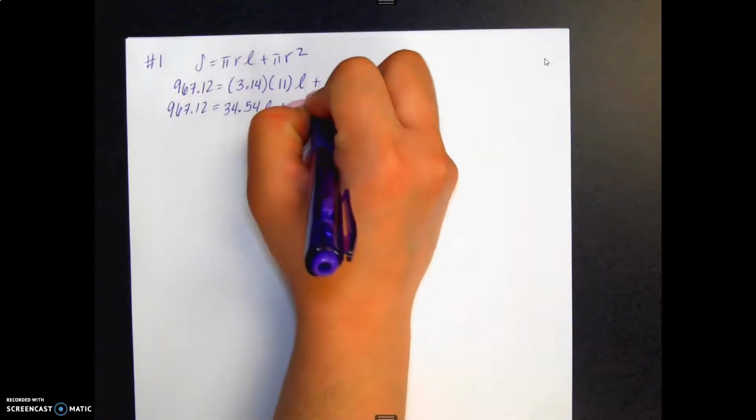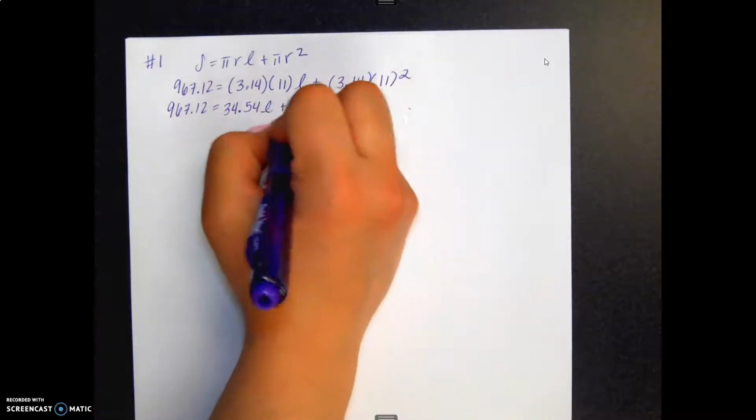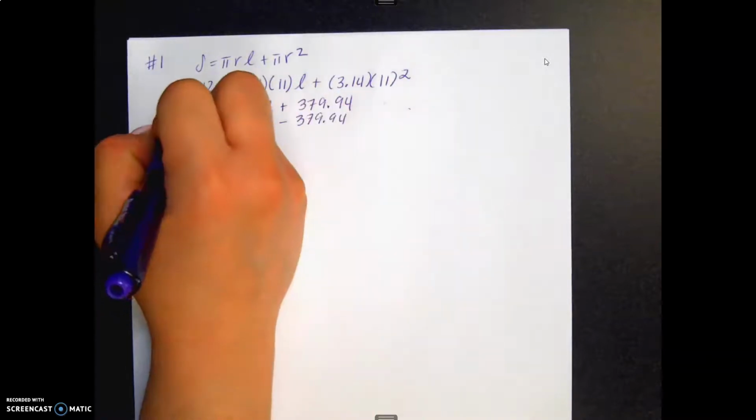That is 379.94. From here, I need to subtract 379.94 from both sides.